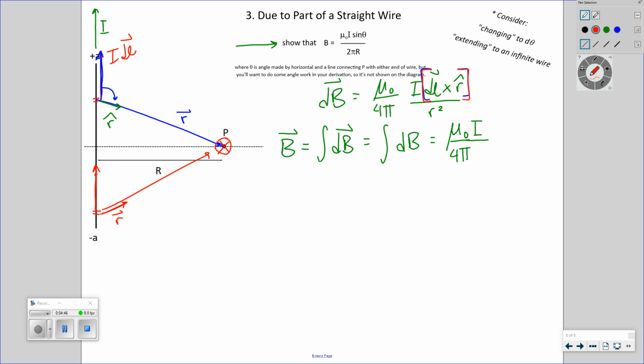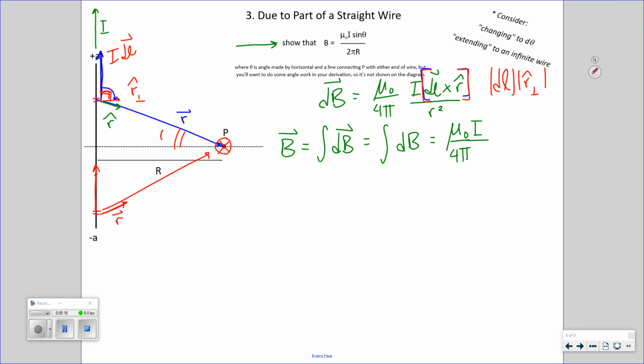What we need there is the magnitude of dl times the magnitude of what I'll call r hat perpendicular. The magnitude of dl we can leave alone. The magnitude of r hat perpendicular, we can draw it. It looks like that, perpendicular to I dl in order for there to be a cross product.